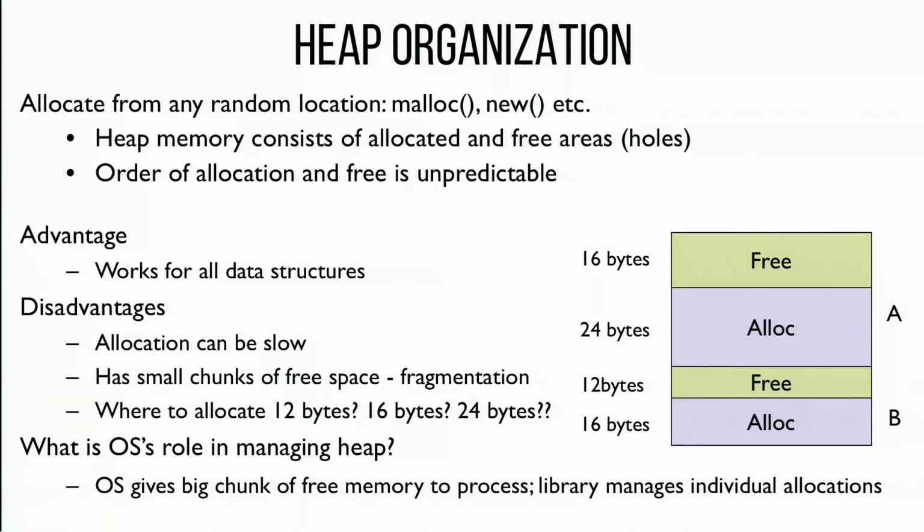The way this basically works is the OS gives your malloc library a big chunk of free space. There's a system call called sbrk that the OS uses to extend your heap and give that space to the user-level library, and then the user-level library manages that space and doles out little pieces to the process that's calling it.